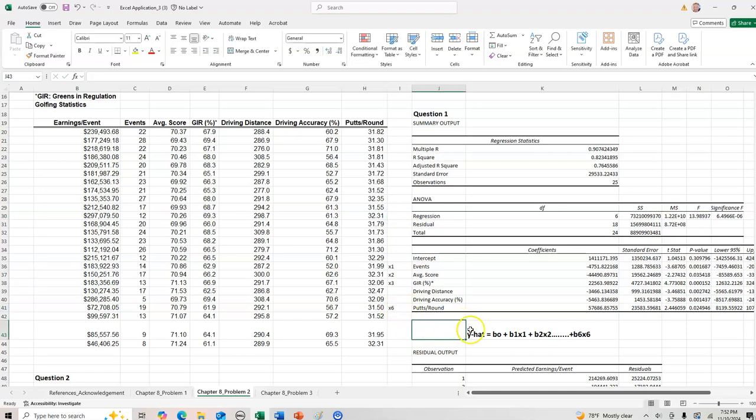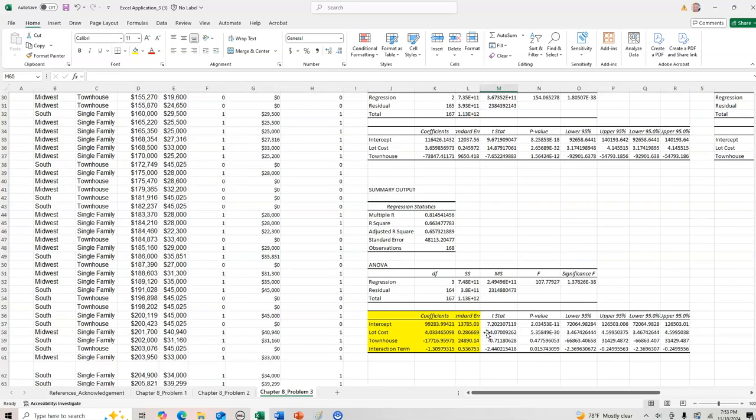So the model in your case would be y hat equals b naught, which would be the value of the intercept, plus b1, so this value here times x1, plus b2 times this variable here, and then all the way out to x6. So the coefficient of x6 is this value times x6. So from just a basic model standpoint, it's going to look just like this, except you're going to substitute for all the b values. The x1 through x6 will stay because those are the variables in your model. So that would be the only thing you need left to do to finish up the golf problem.